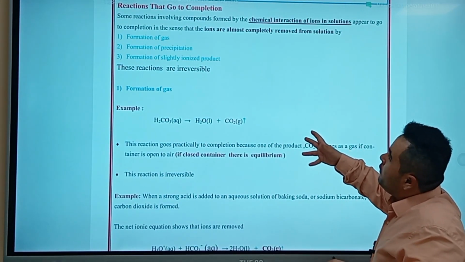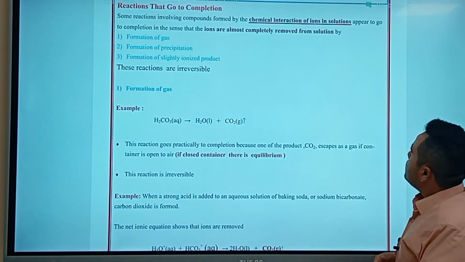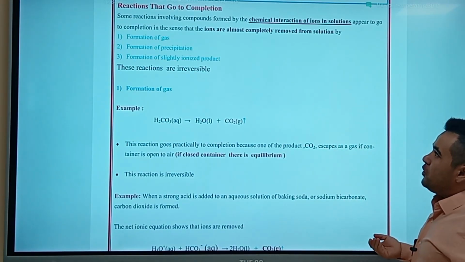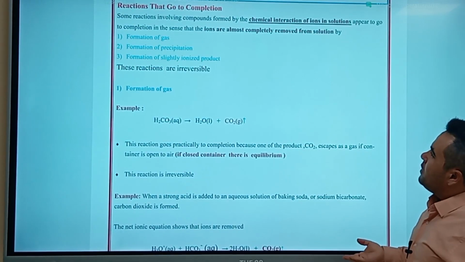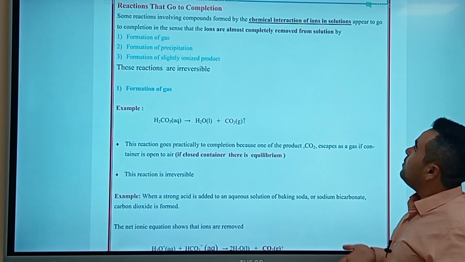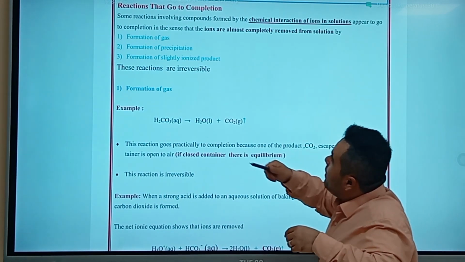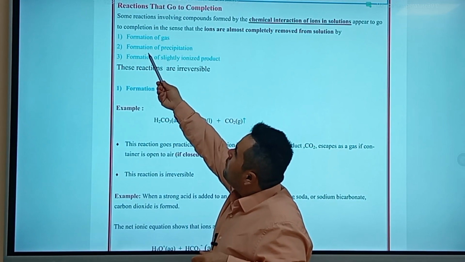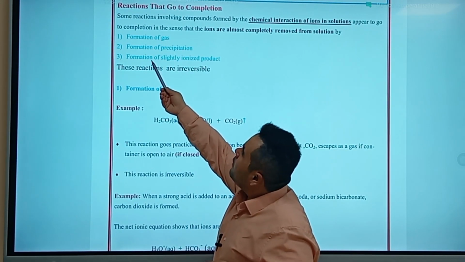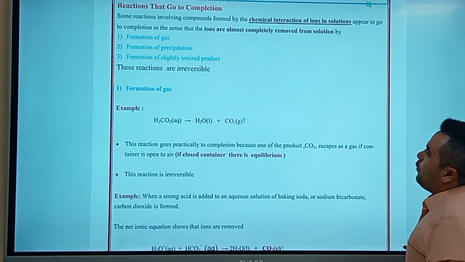Some reactions involving compounds formed by chemical interaction of ions in solution appear to go to completion in the sense that the ions are almost completely removed from the solution by the formation of a gas, the formation of a precipitate, and the formation of a slightly ionized molecule in the product.